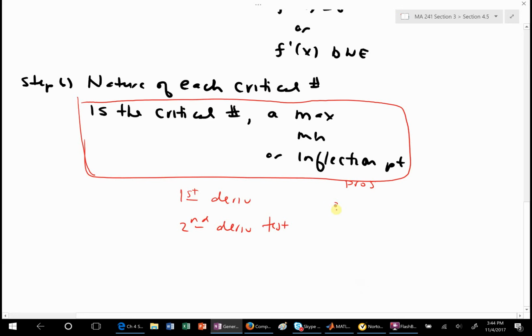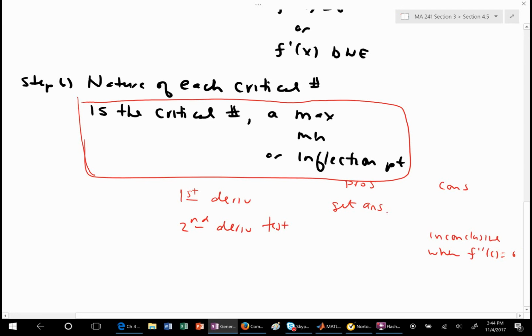You always get an answer. Second derivative, you might not, because if the second derivative is equal to 0, the test is inconclusive, right? So the cons are that this test can be inconclusive when the derivative at the critical number is equal to 0. Okay?